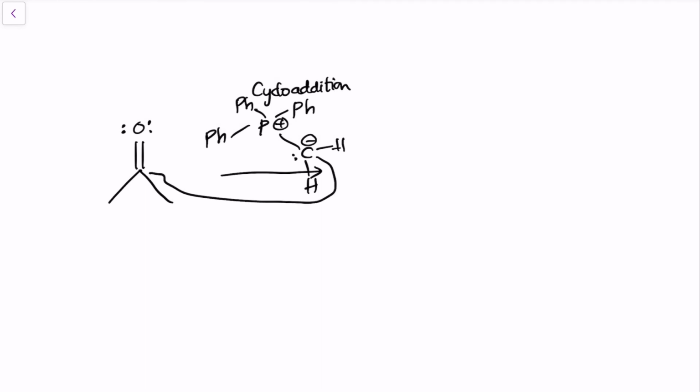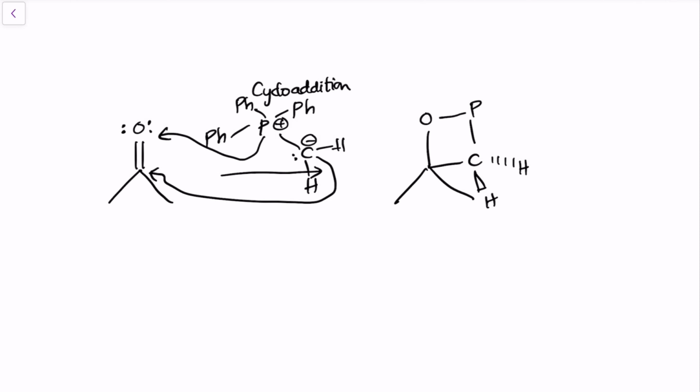The carbanion will attack the carbocation, and the positively charged phosphorus will attack the oxygen. So this creates a cyclic addition structure, where you have oxygen here and a carbon with the phosphorus that has 3 phenyl groups on it.